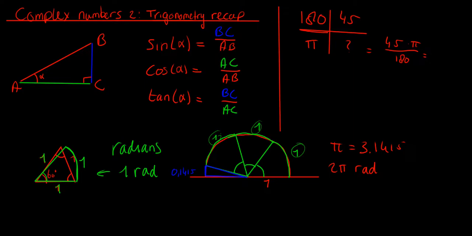Well, you don't really calculate pi with decimals, you just leave it as a symbol, because this is the same as 45 divided by 180 times pi, and 45 divided by 180 is the same as 1 over 4. So actually 45 degrees is the same as pi divided by 4, or 1/4 times pi.